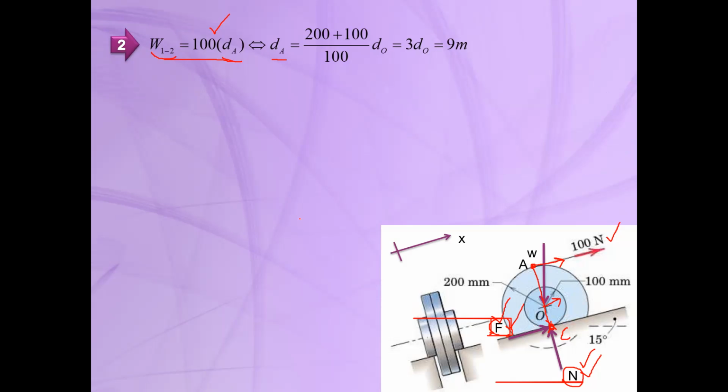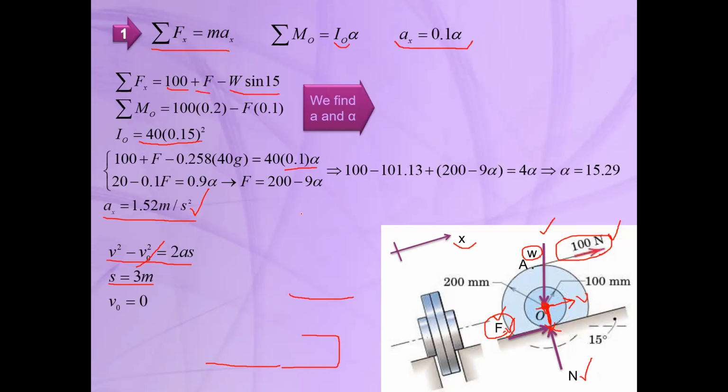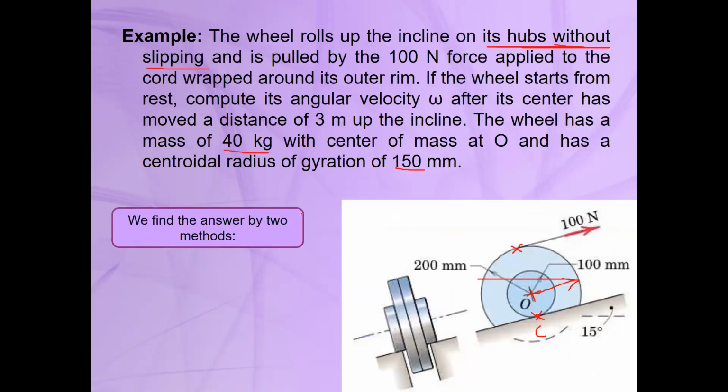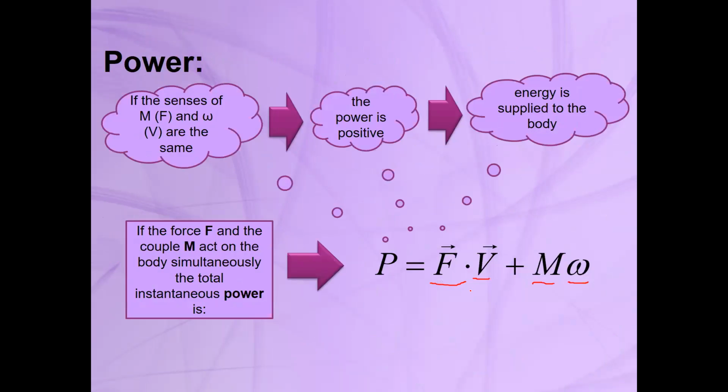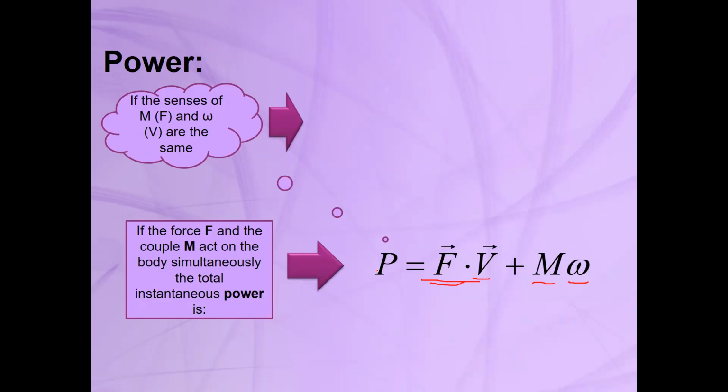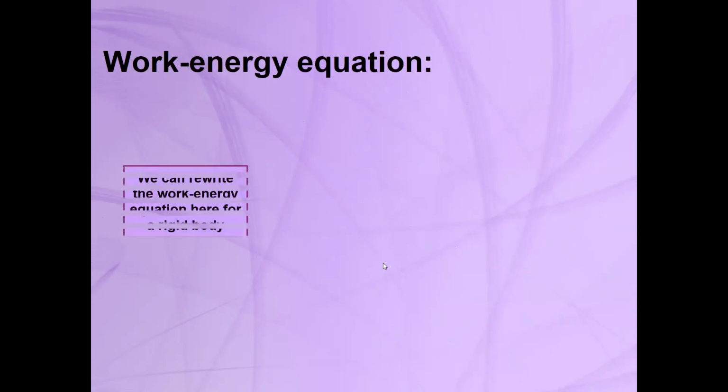Let me show you in the first slide. Here you can see this is the work done by the force, equal to F dot V. Sorry, this is power. Let me go back another slide.